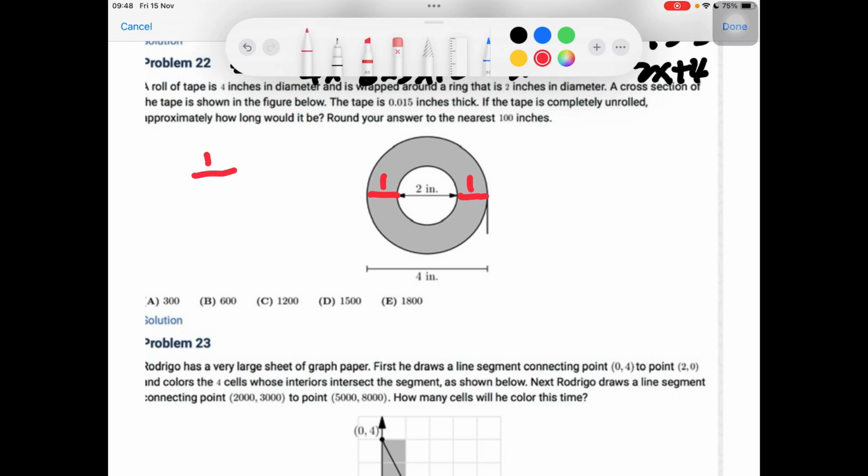So maybe we can consider how many layers we have there. So 15, 1000. Maybe 66 or 67. 66.7, something like this. So let's say 66 or 67.